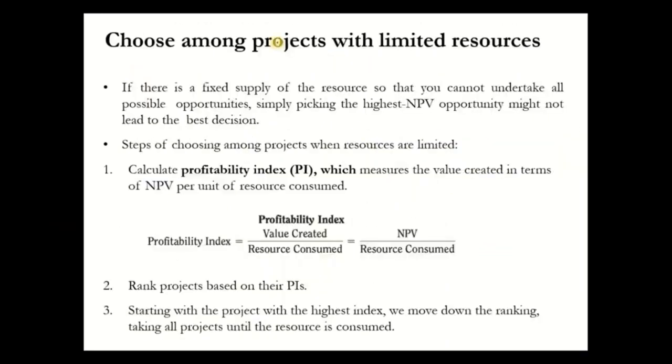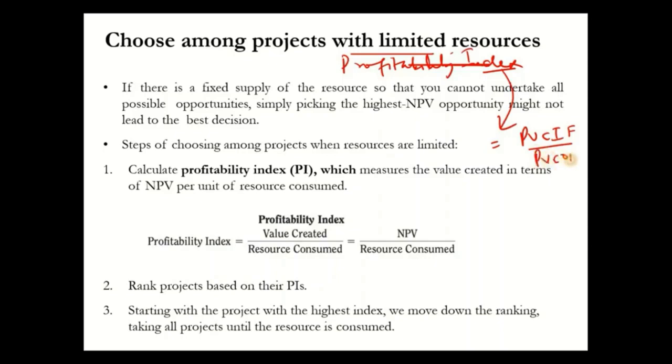The profitability index, sorry, I'm not sure why the ink is creating problems, so please bear with me. The profitability index is the present value of cash inflows divided by the present value of cash outflows, right? It is called PI.